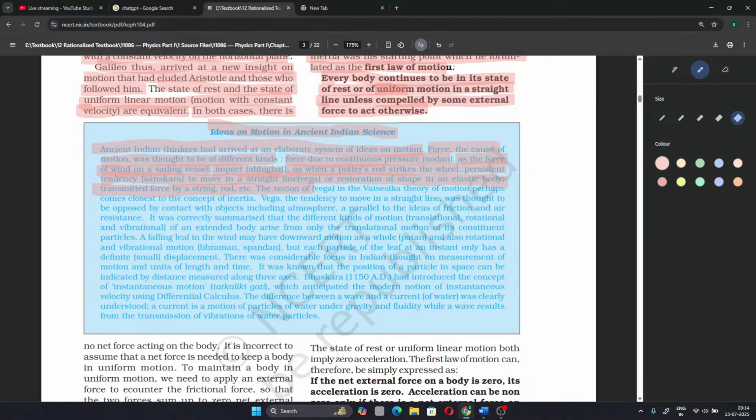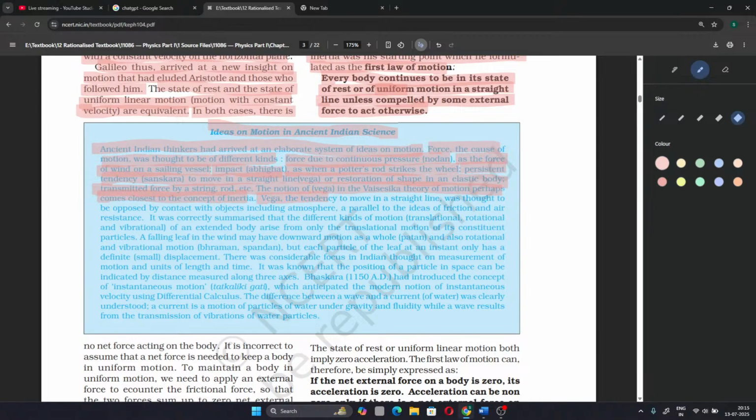The notion of Vega in the Vaisheshika theory of motion perhaps comes closest to the concept of inertia.